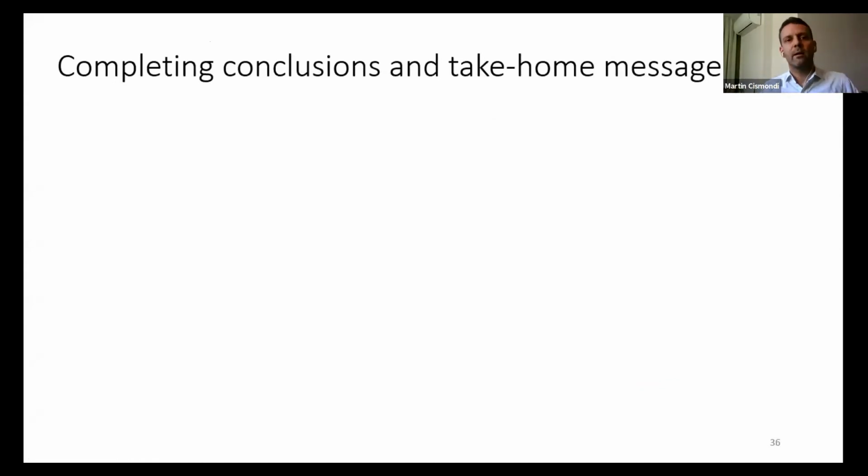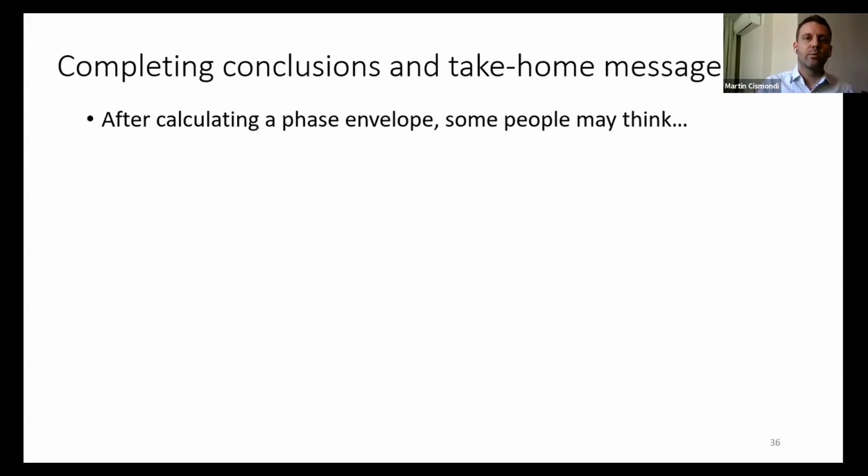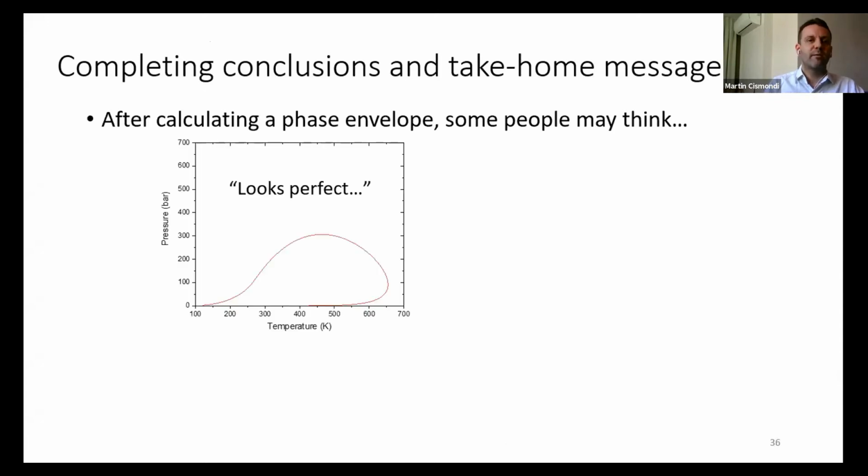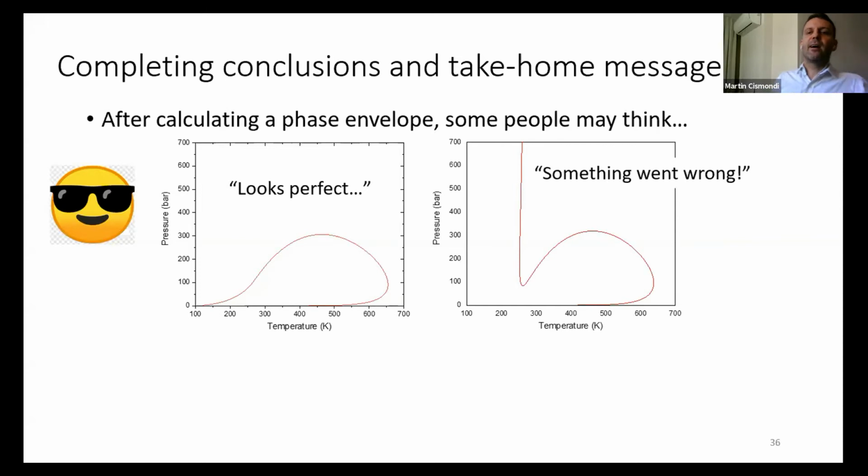So now completing the conclusions, the take-home message I want to put here is: be careful, because after calculating a phase envelope with standard algorithms, either your own algorithm or a commercial software package, some people may think, oh, it looks perfect when you get something like this, so everything looks right. But when they get something like this, many people used to think, oh, something must be wrong.